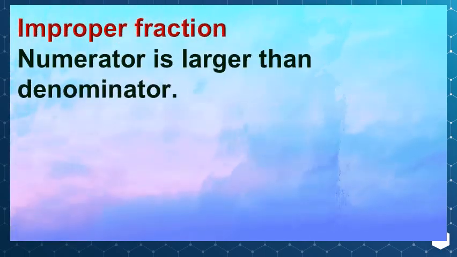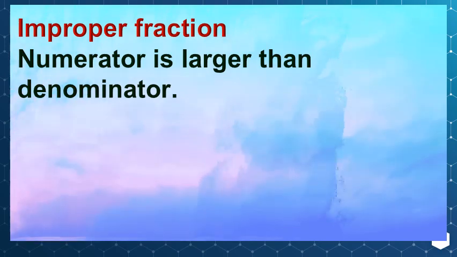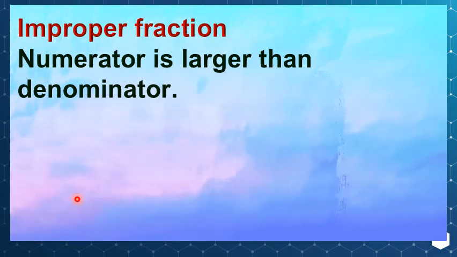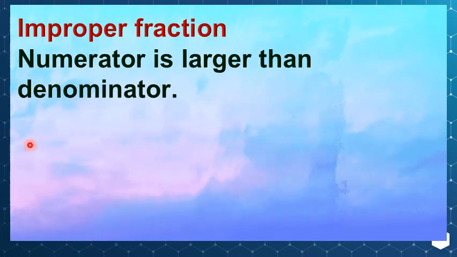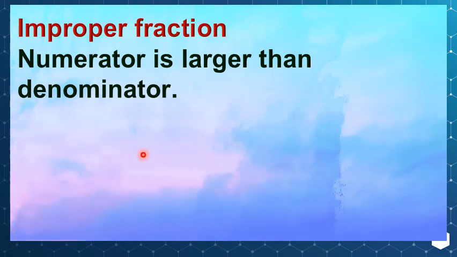Now let's move to the next type of fraction, that is improper fraction. What is an improper fraction? A fraction which has the larger numerator than the denominator is called improper fraction.